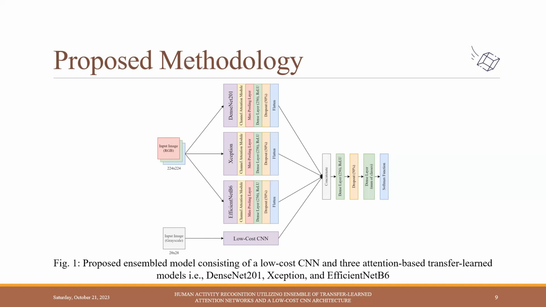And after each of those transfer learning models, we have utilized a channel attention module. So it's an interesting topic. We will be discussing the channel attention module by amplifying it in the next slide. And after the channel attention module, the output is passed through the max pooling layer, obviously, and then followed by the dense layer, followed by the dropout.